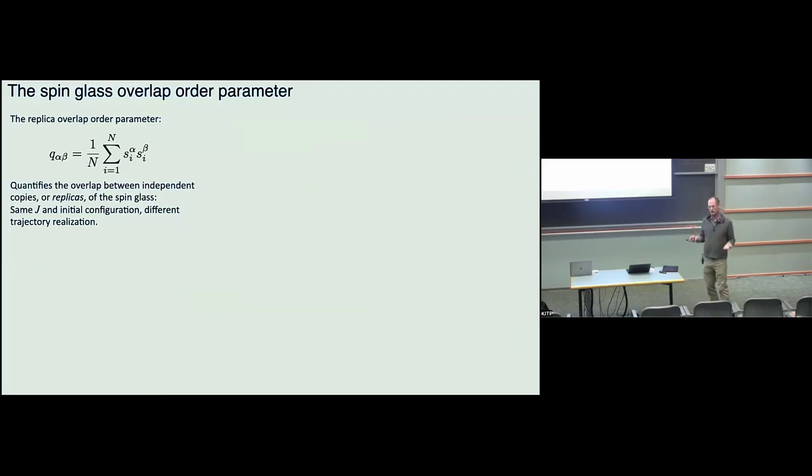That seems weird. What the heck is this replica, or this copy? Well, because a spin glass does not self-average, thermodynamic order parameters are not really assigned to a specific realization of the system with some quenched disorder selected from a random distribution. You have to take an average over those realizations of the disorder in order to get a good order parameter.